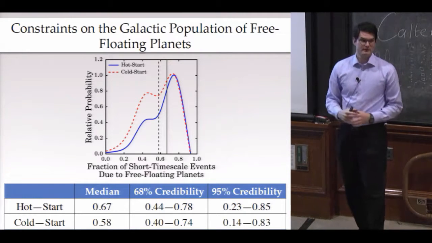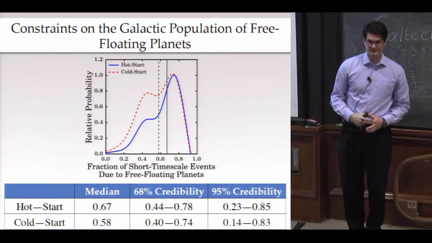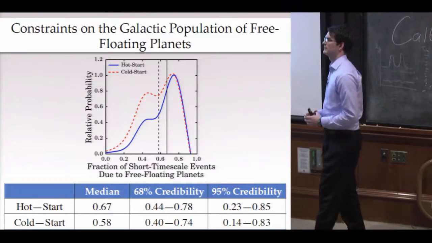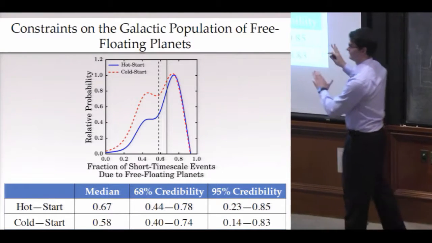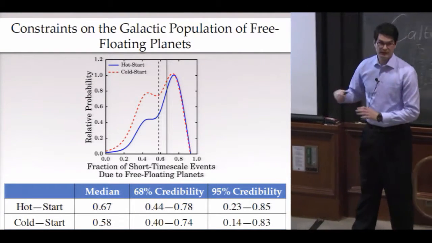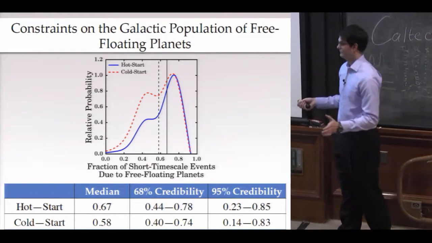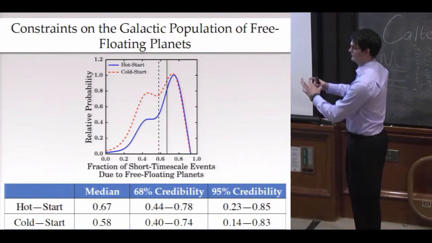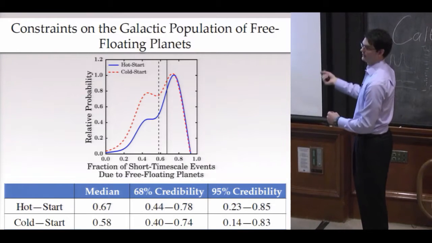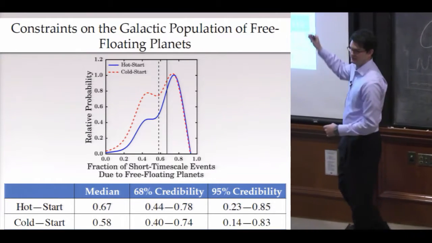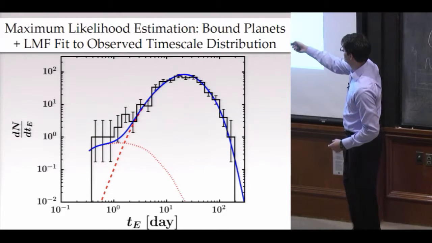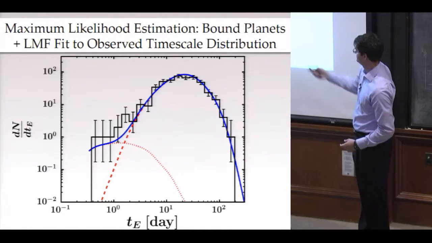Now, if you want to actually convert this into a number of free-floating planets, you must assume something about the mass function of these free-floating planets. So what I've done is the simple exercise that Sumi had done, assuming that these are a delta function in mass, and determining how many of these you would need to explain the residuals when you subtract off the contribution due to these bound planets.